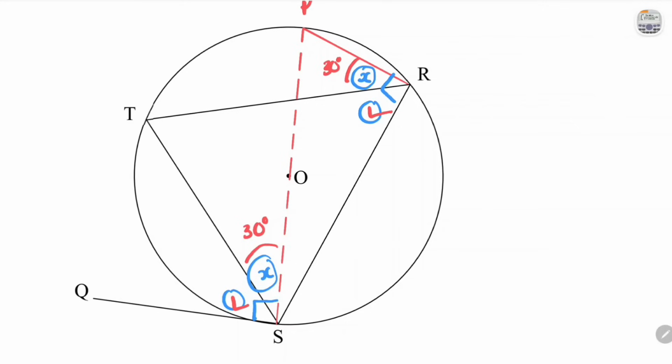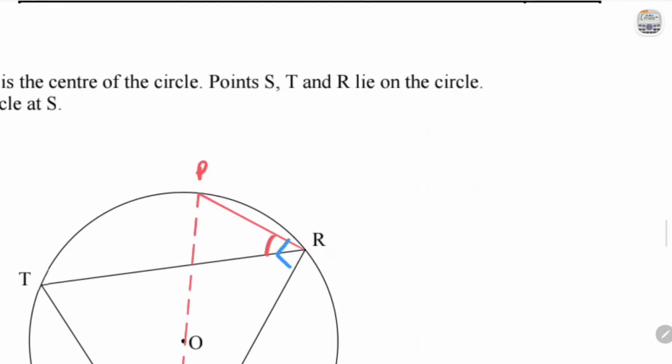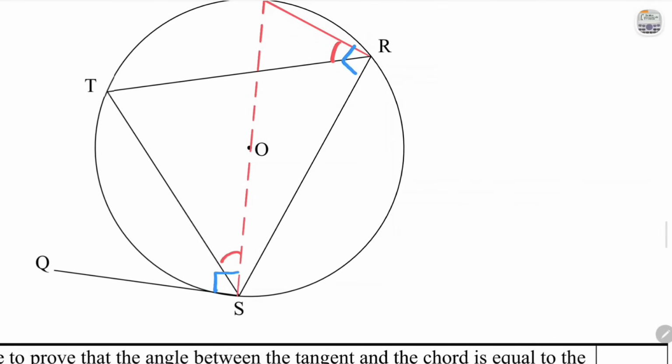Since they have to add up to 90 degrees by default, that will have to be 60 degrees and 60 degrees. We know that these two are equal, and therefore by default the other is also equal. So these two angles must be equal.